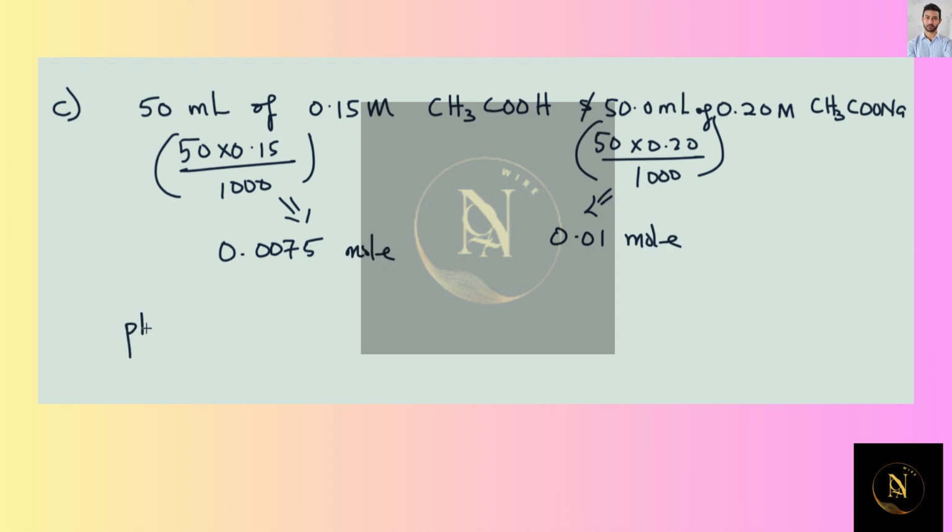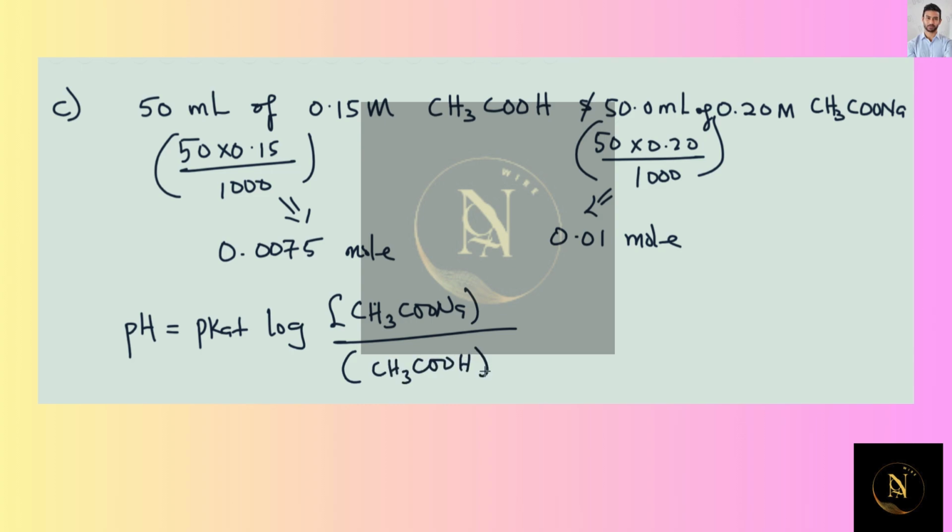If we use the Henderson-Hasselbalch equation, pH is equal to pKa plus log of the number of moles of the conjugate base, CH3COO minus, divided by the number of moles of the ethanoic acid. Then we can find the pKa of ethanoic acid. It's 4.8.